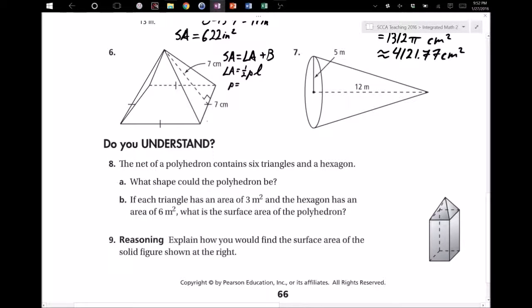Our perimeter is 1, 2, 3, 4 times 7. So it's 4 times 7, which is 28. Our slant height is 7 centimeters.